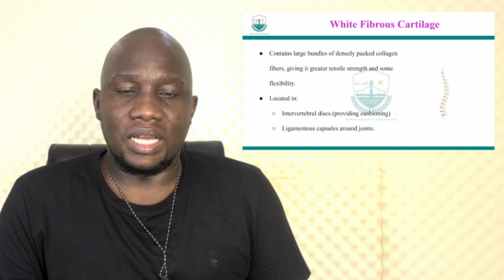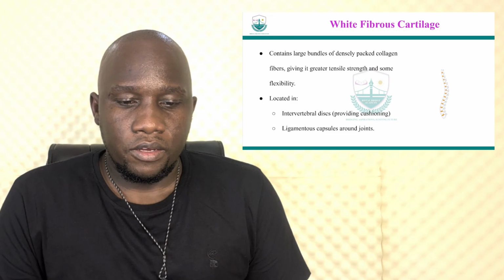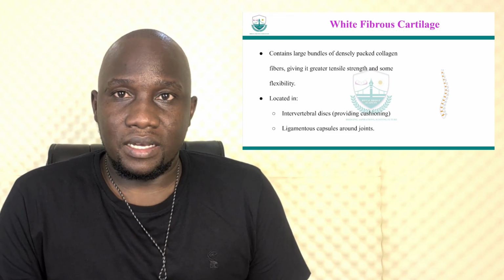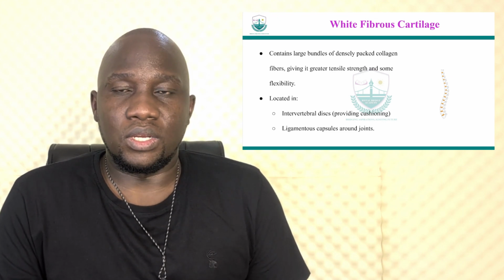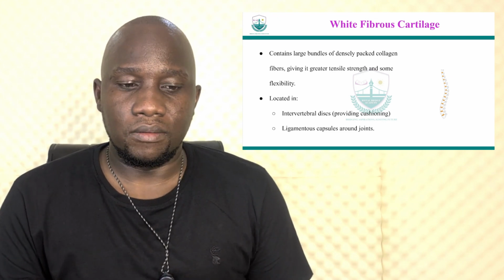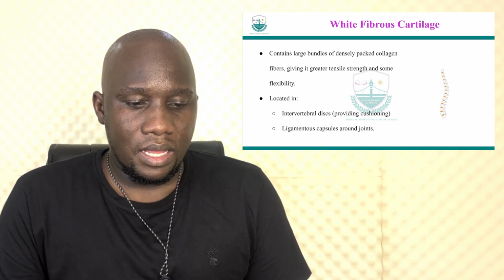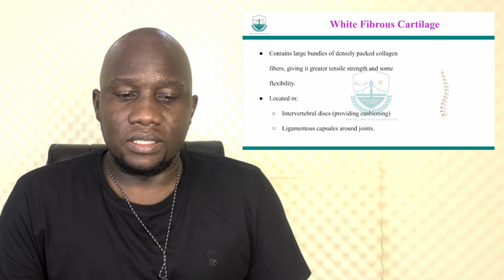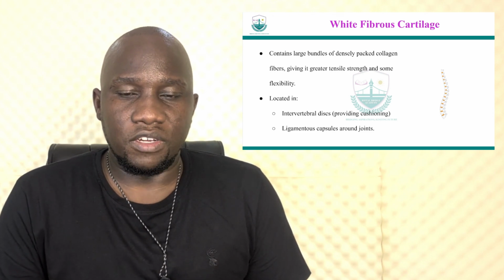That is white fibrous cartilage. We find it in the back, the vertebral column. The intervertebral discs are white fibrous cartilages. You also find this white fibrous cartilage in the ligamentous capsules around joints.